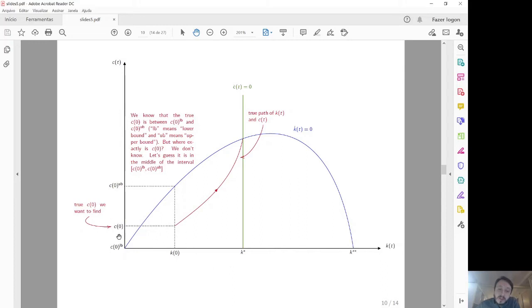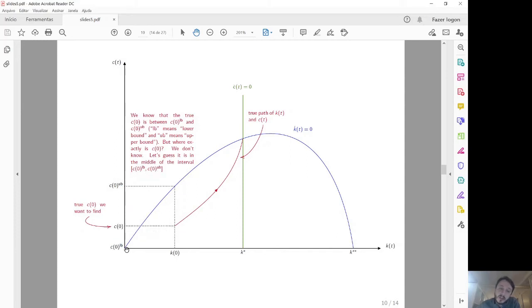So we want to find this C0, and then after we have this C0, we can use the Euler's method to calculate the true paths of capital and consumption. So we know that C0 is between the upper bound and the lower bound. But where exactly it is?